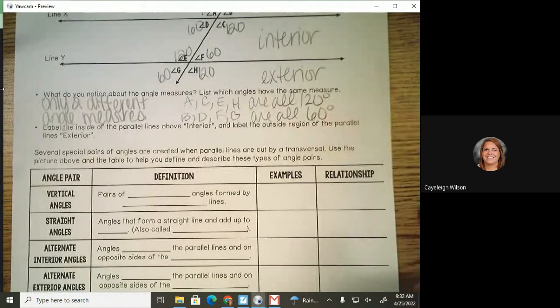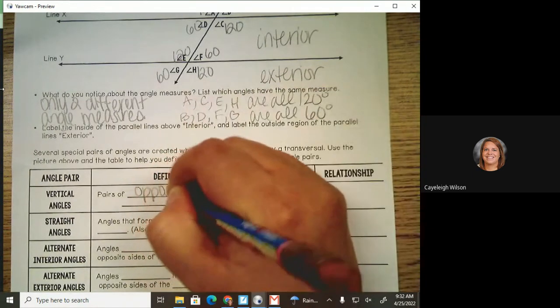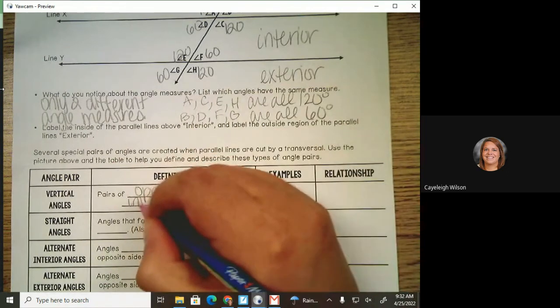All right, so down here, we're going to talk about some special pairs of angles that are made when we have that transversal that cuts those parallel lines. The first angles are the vertical angles, and vertical angles are opposite angles. So pairs of opposite angles that are formed by intersecting lines.